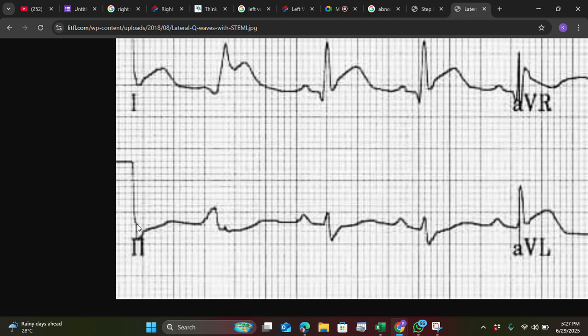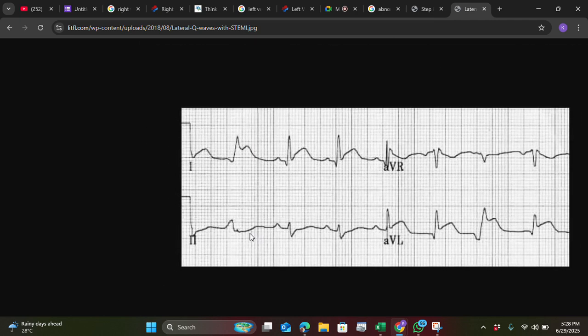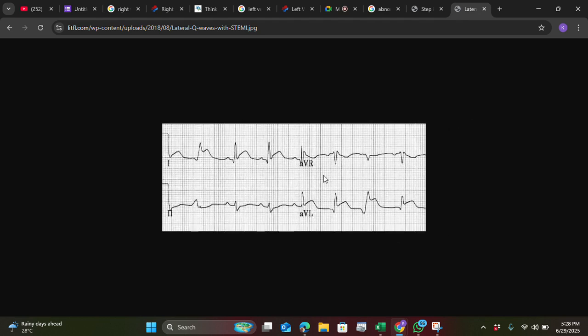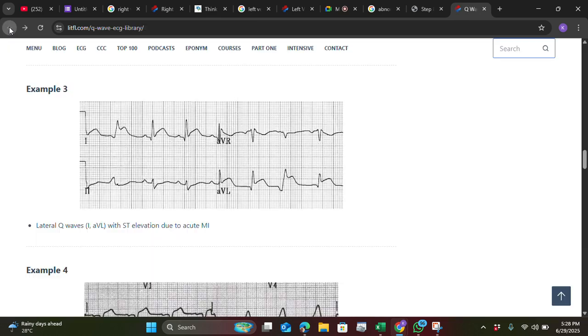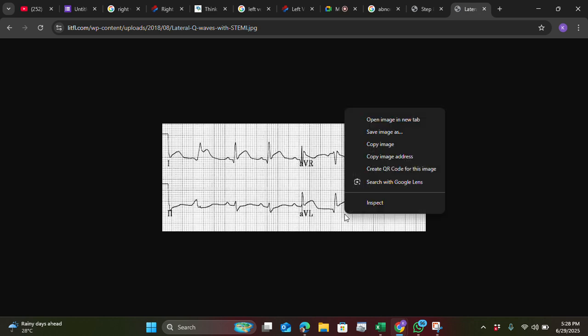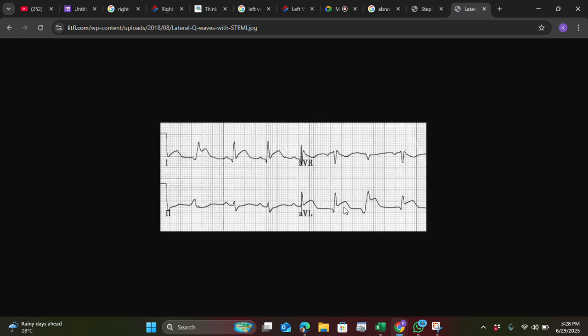Can you guys see it? Yes, ma. Let me see if I'll see another one that is clear. But lead 1 and 2. It's also in AVL too.